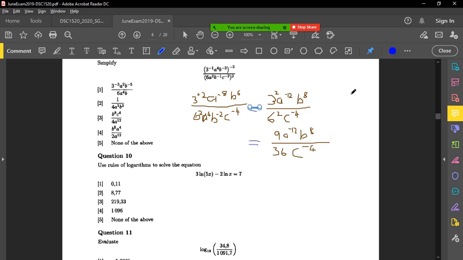Now, anything that can go into 9 and into 36, maybe 3. Go bigger. 9 can go into 36. 36 divided by 9 is 4. So then this would become A minus 12, B 8, and then this will become 4, C minus 4.